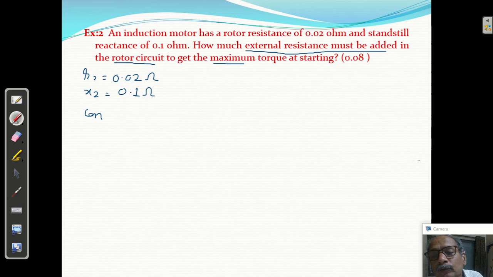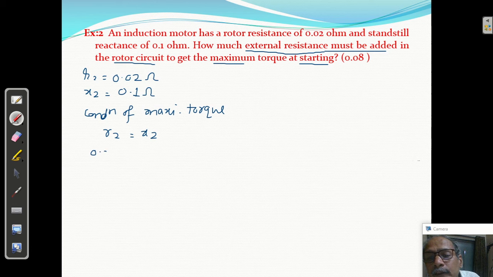What is the condition of maximum torque? R2 equal to S X2 under running condition, and R2 equal to X2 at the start. So the condition of maximum torque at start is R2 equal to X2. R2 is 0.02 plus the additional resistance we have to add, equal to X2, which is 0.1.